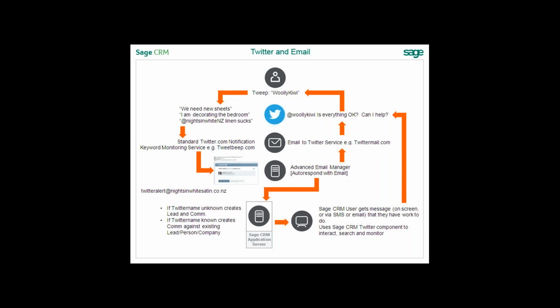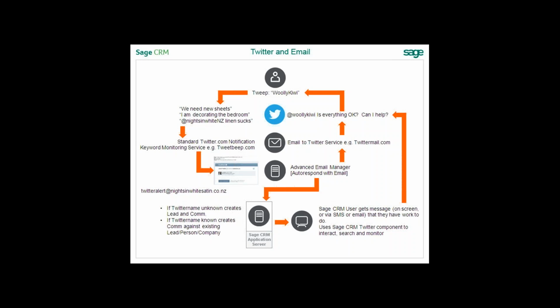Well, you can parse that with the Advanced Email Manager. The Advanced Email Manager can read the email. It can ascertain whether the Twitter address is known or not known.